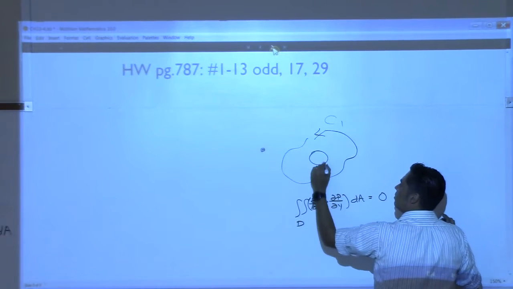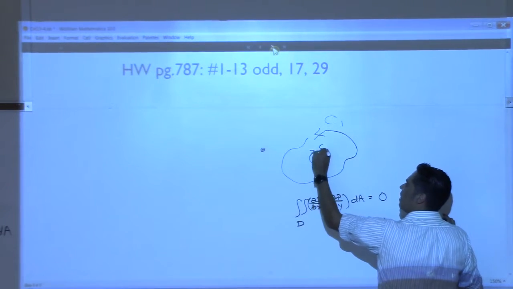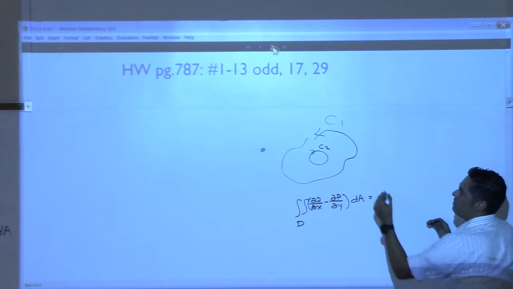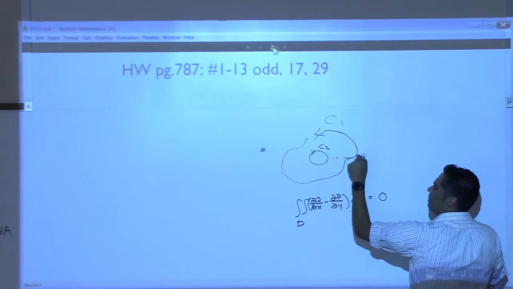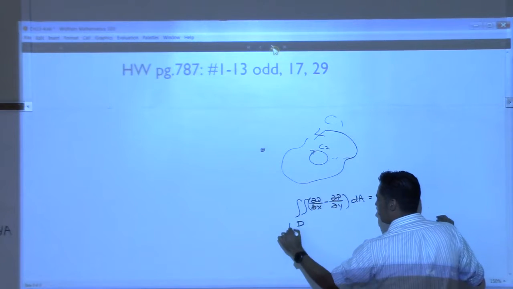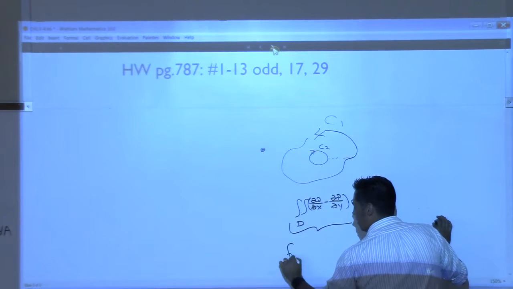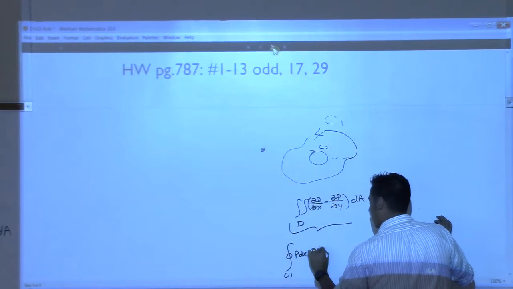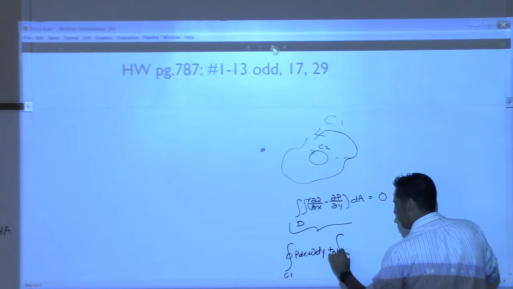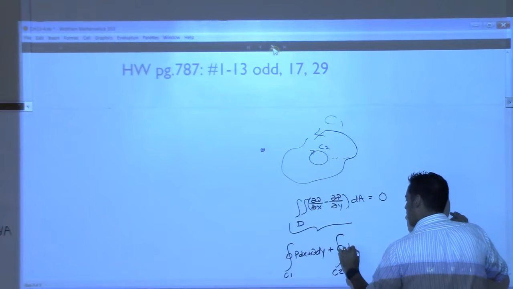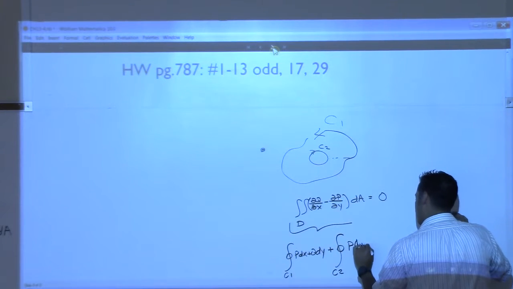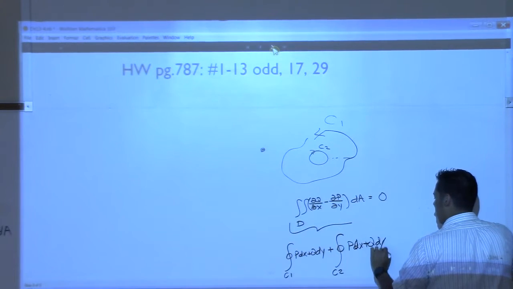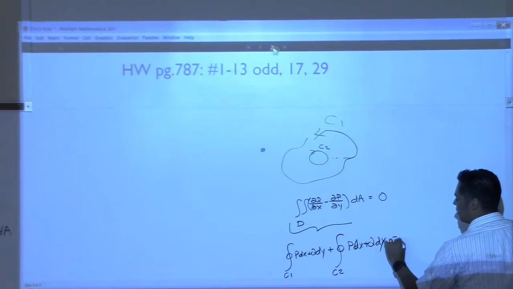I drew my little circle with radius A in here, called that C2. Because of that thing that I did previously where I went back this way and that way, I know that this right here is the line integral over C1 of P dx plus Q dy plus the line integral over C2 of P dx plus Q dy, right? But that must be 0.